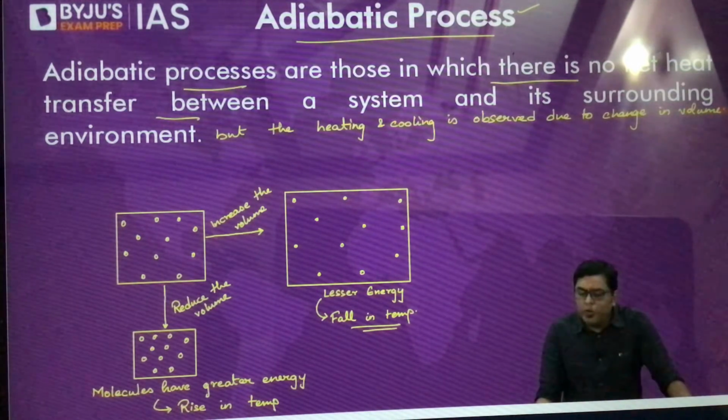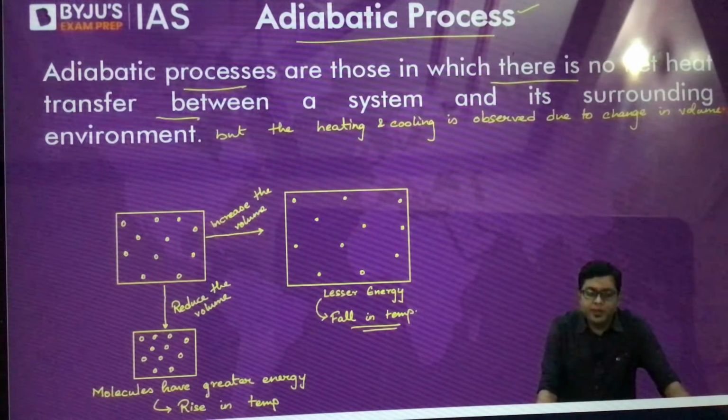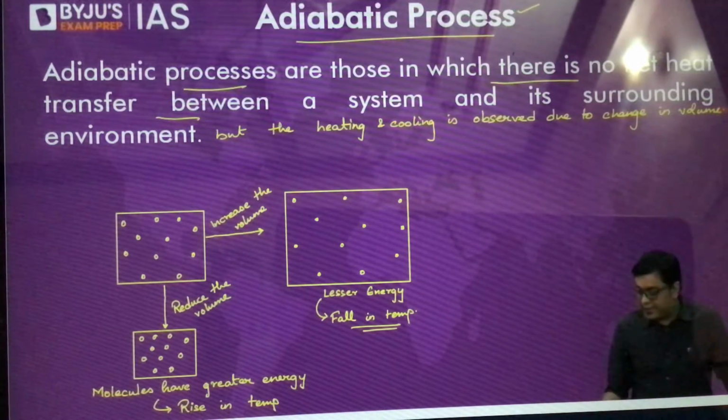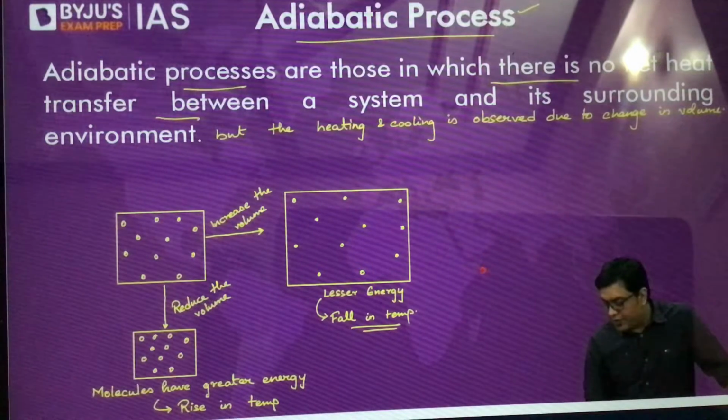Now here, obviously, the main question you will have in your mind is, how is it that the air's volume will change automatically? Understand this. Suppose you have the ground surface.